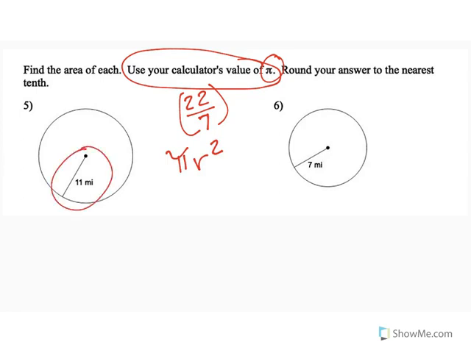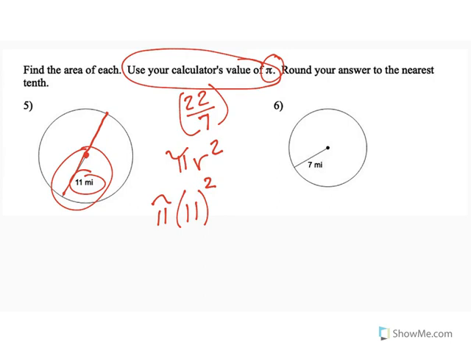R is our radius. It's from the center of the circle out. So they give us here our radius. If they were to have given us the whole diameter, we'd have to cut it in half in order to put it into our formula, but we don't have to do that in this case. So pi times 11 squared.